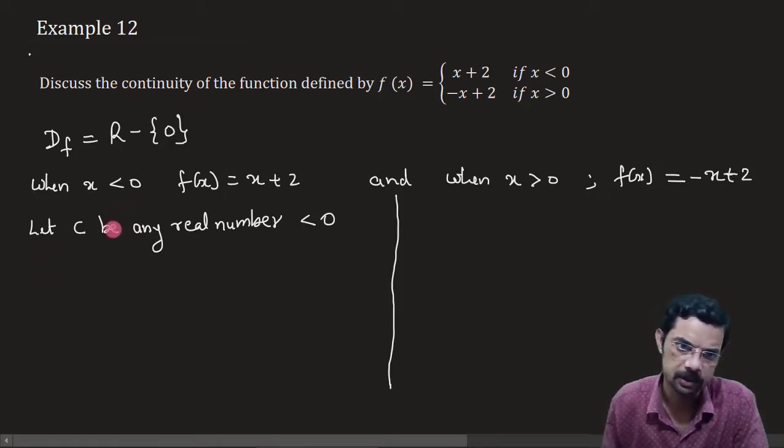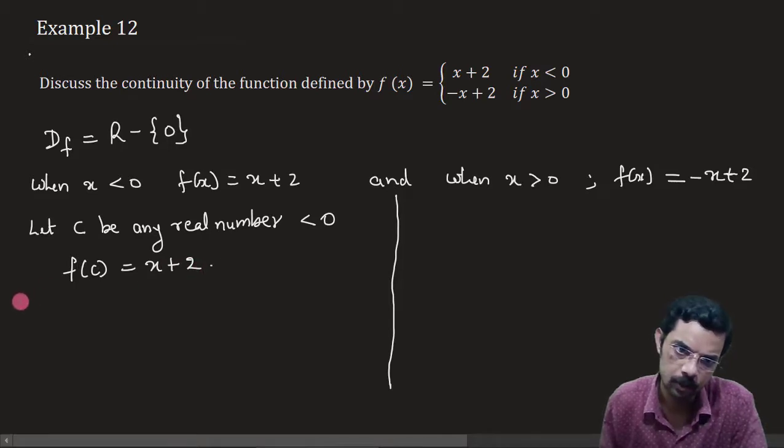Then what is the value of f(x) at c? It will be equal to f(c), correct? Because f(x) is a polynomial, the value of the polynomial is f(c). So f(c) is defined and it is equal to c plus 2.